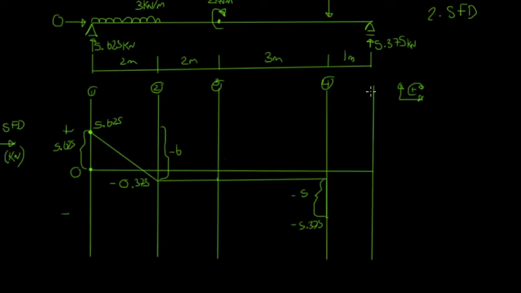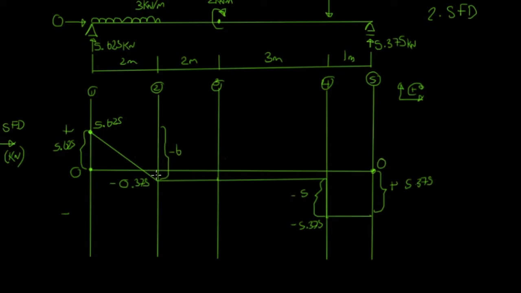And then between point 4 and point 5, we actually have no forces on our beam again, so our shear force diagram is just going to stay flat. And when we hit our support, we've got a 5.375 kilonewton force pushing us back up, so that's going to make us jump up by 5.375, and that brings us back up to 0.